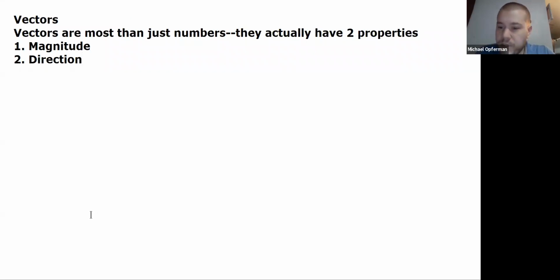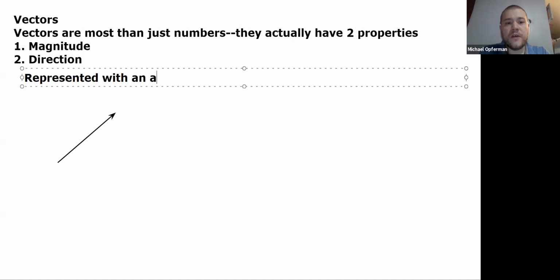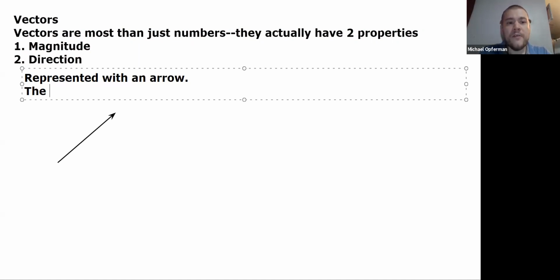The way that we represent a vector visually, as I have been doing in previous videos, is normally with an arrow like that. So it's represented with an arrow. The length of the arrow represents the magnitude.